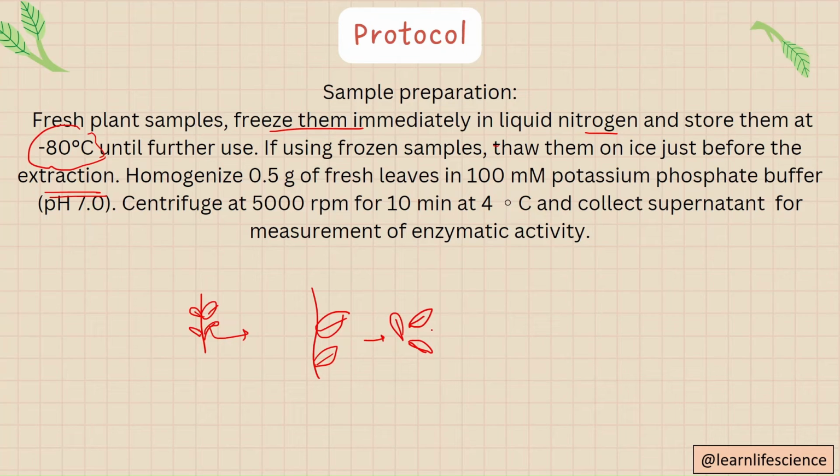Okay, then firstly you will have to weigh them, like 0.5 gram, that is 500 mg, and you will have to homogenize them. You will have to simply crush them in 100 millimolar potassium phosphate buffer of pH 7.0.